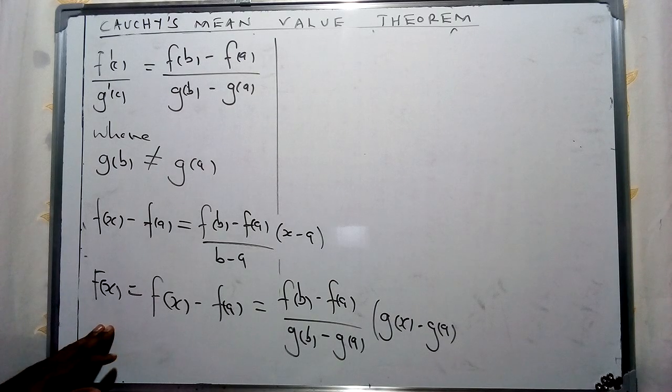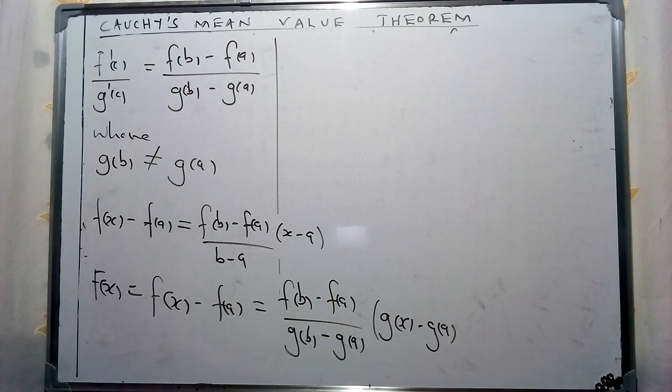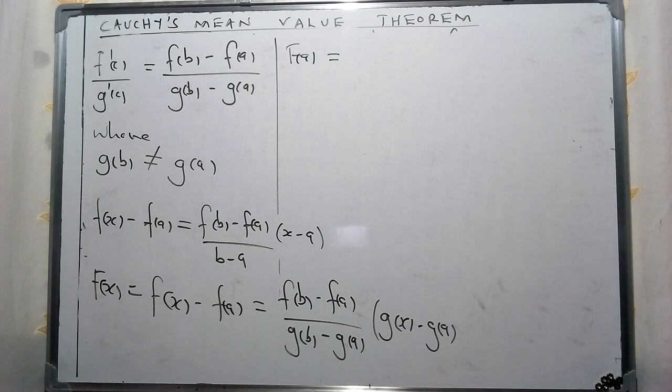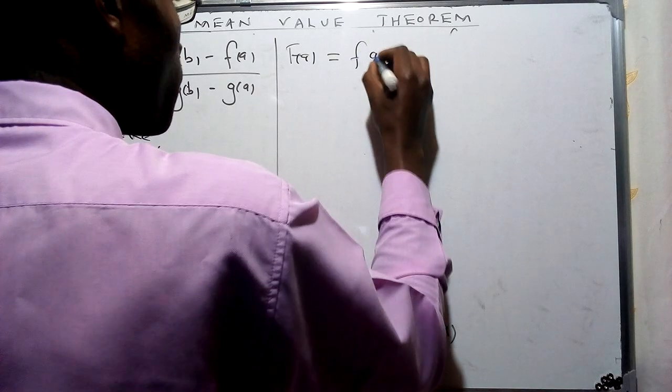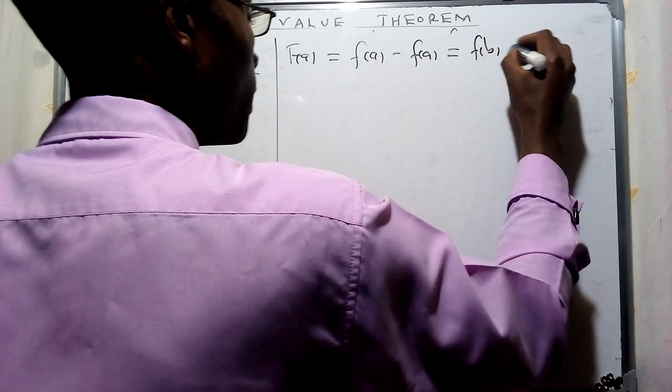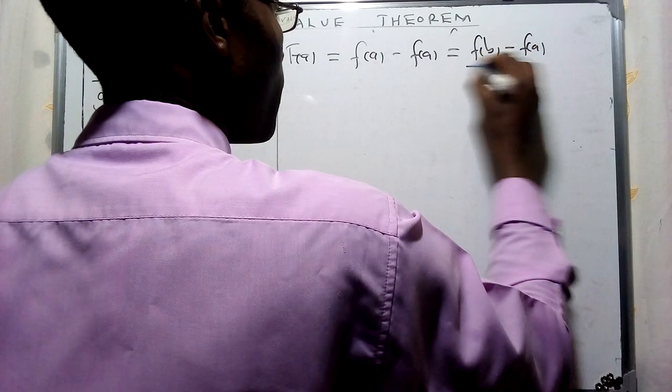And if this function is continuous on the closed interval a and b and differentiable on the open interval a and b, then we can have this version of the equation for a and b. And then we are going to see that we can have f of a given in terms of this representation, whereby we're going to have f of a minus f of a equivalent to f of b minus f of a all over.